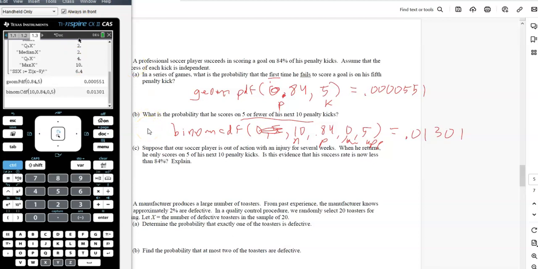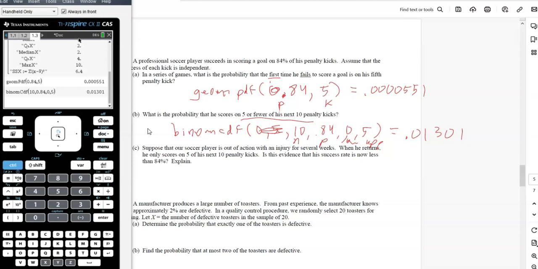Suppose that our soccer player is out of action for an injury for several weeks. When he returns, he only scores on 5 of the next 10 penalty kicks. So is this evidence that his success rate is now less than 84%? Let's see how unusual that is. So what's the probability of getting 5, or really fewer than 5? Like, let's say you're just out of sync, you're not doing well.